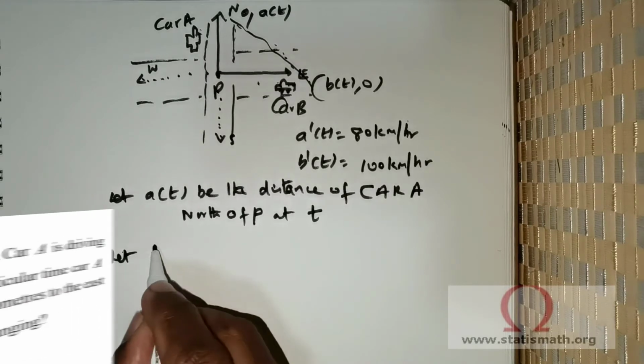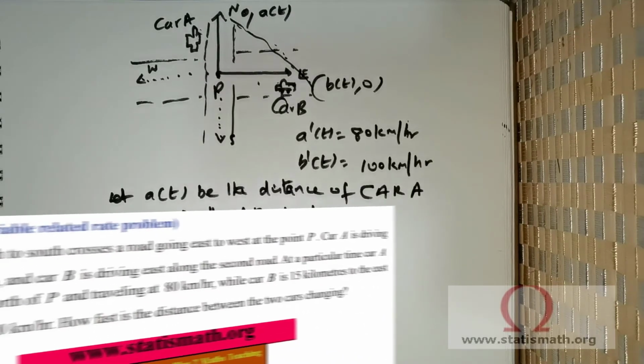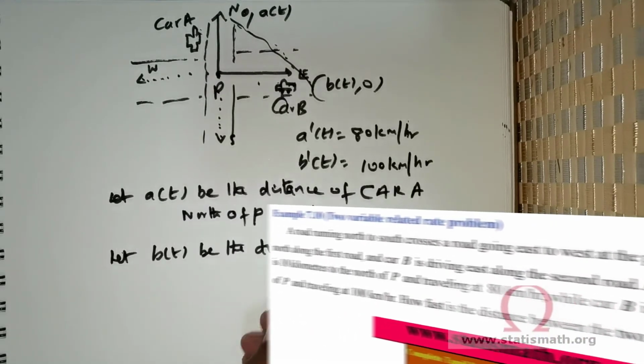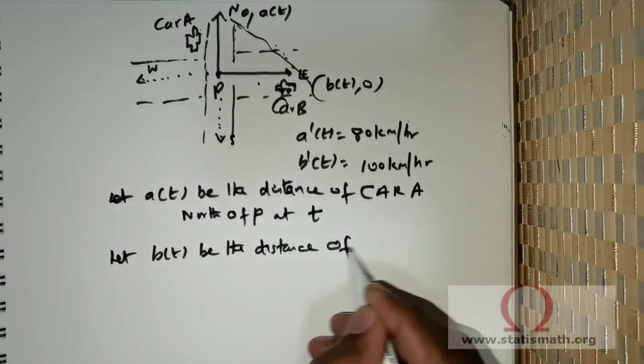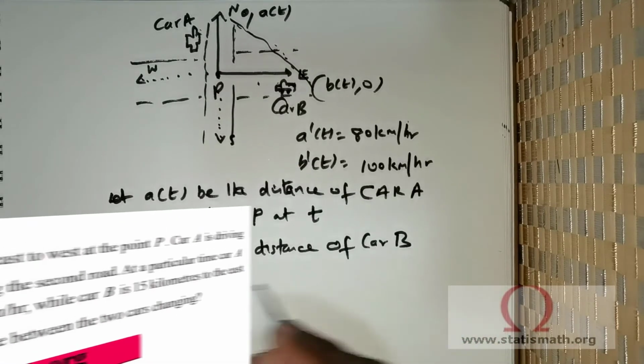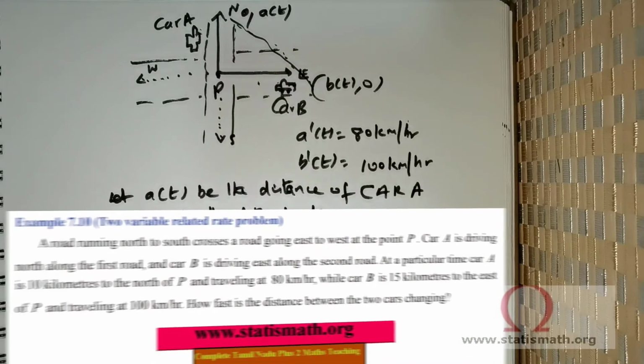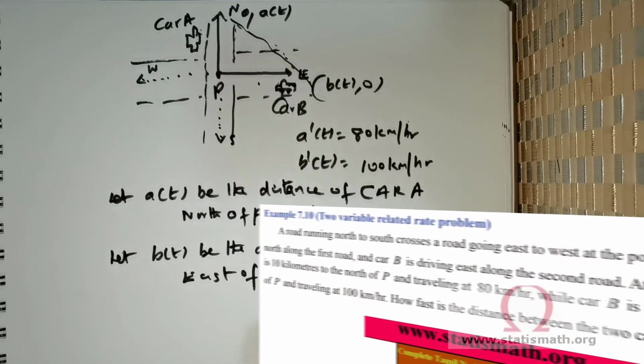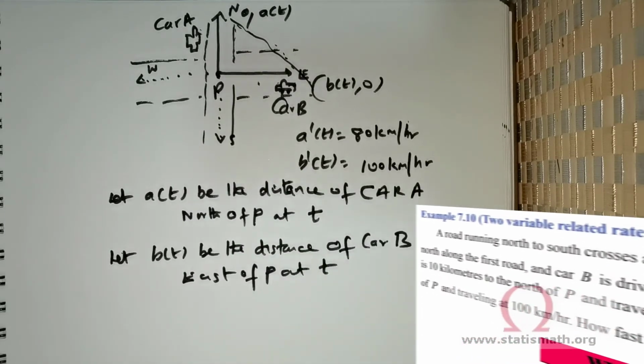And let B of t be the distance of car B east of P at any time t.